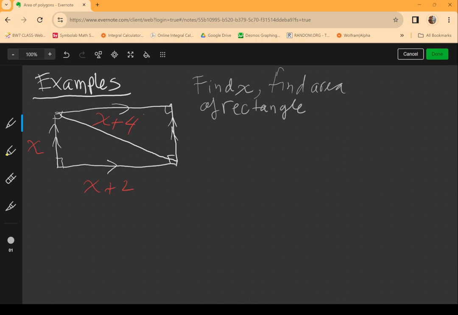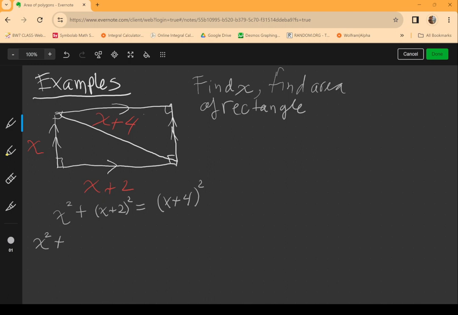All right, so looking at this here, the Pythagorean theorem tells me the sum of the squares. Okay, so here, be careful, make sure that you FOIL this out, right?